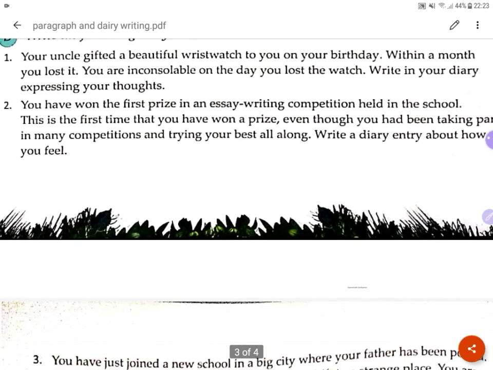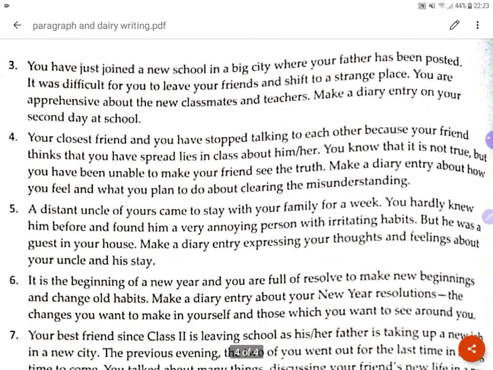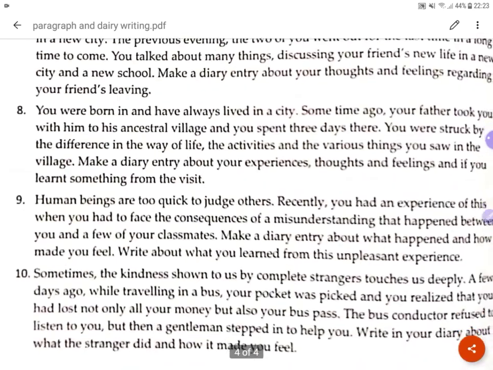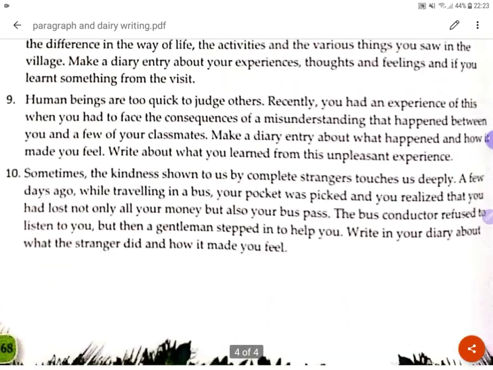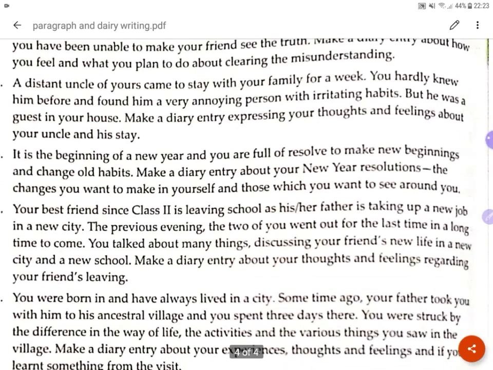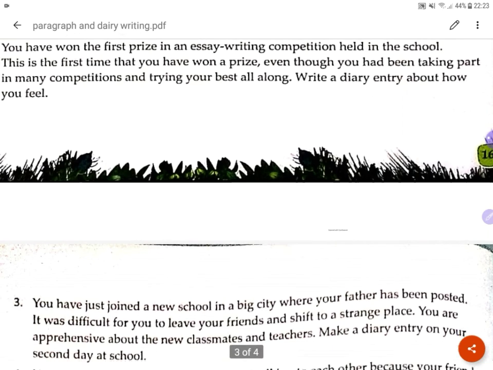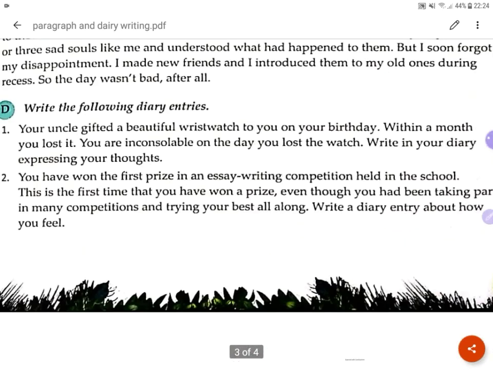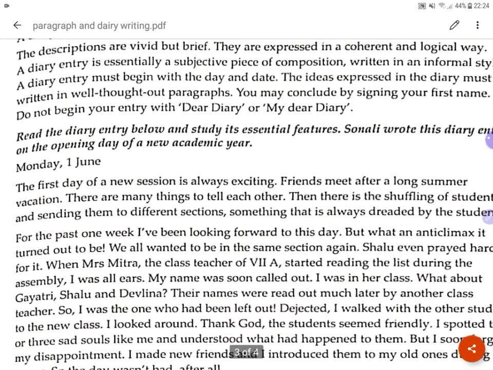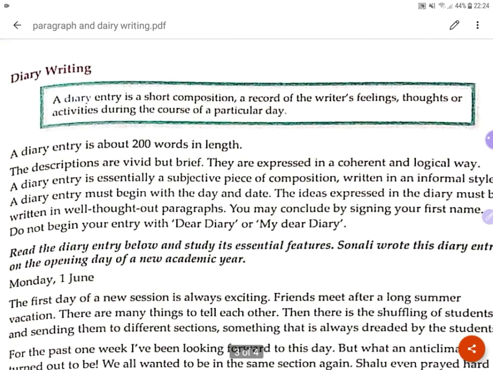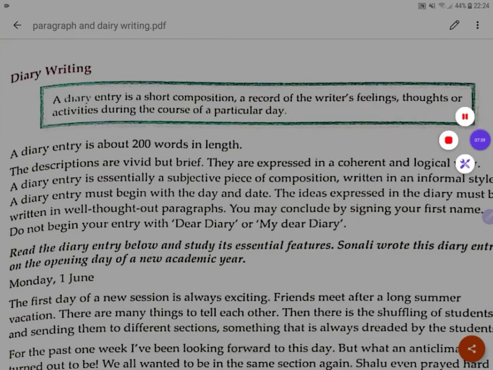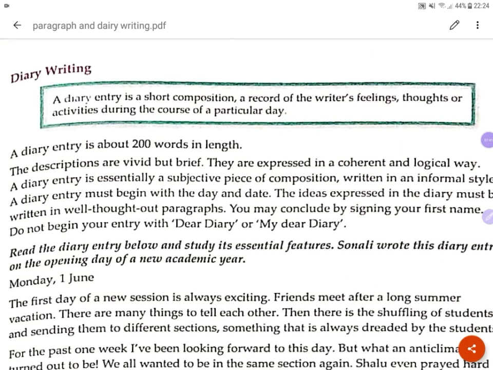So these are the questions you should go through. There are many questions on diary writing, and I think you can do at least 3 or 4 diary entries. It is not quite difficult to write a diary. I think it will be very easy, and that will enhance your writing skills, your thinking, your thought process, right?